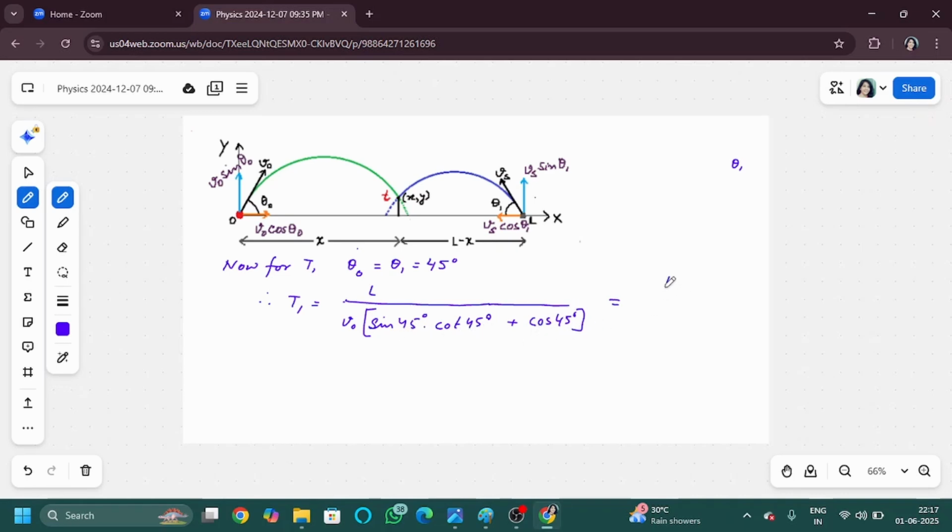Putting the values, T1 comes out to be L by V0 into sine 45 is 1 by root 2, cot 45 is 1, plus cos 45 again is 1 by root 2. And this comes out to be L by root 2 V0.